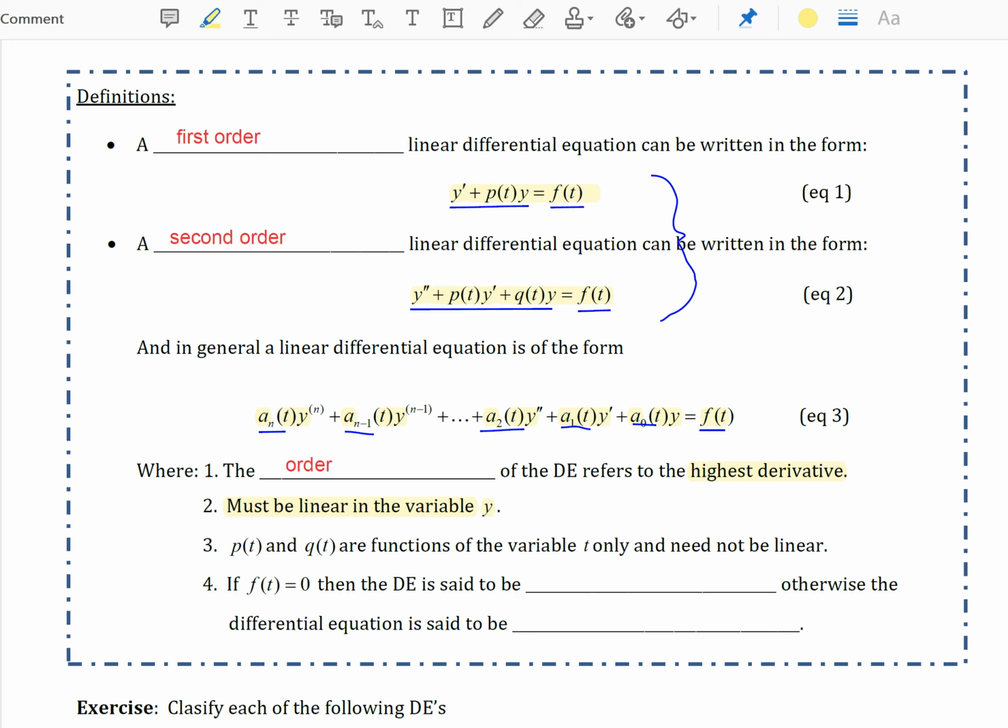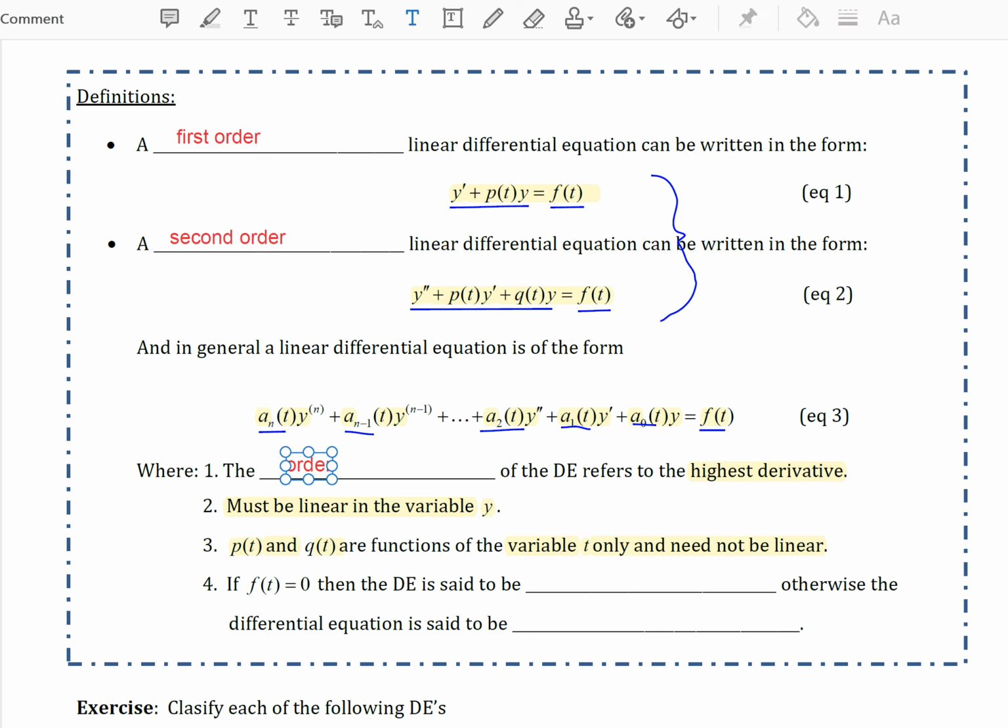So no y squared, y cubed, sine of y, or square root of y will appear in our differential equations if they're linear. The functions p of t and q of t are functions of the variable t only, and they need not be linear. So I'm fine if I see a t squared or a cosine of t. Those do not have to be linear.